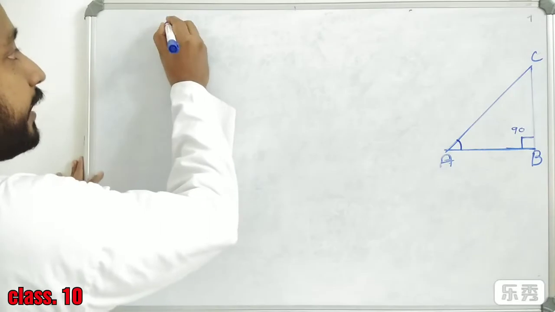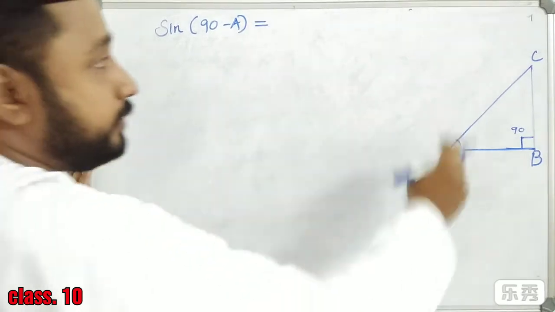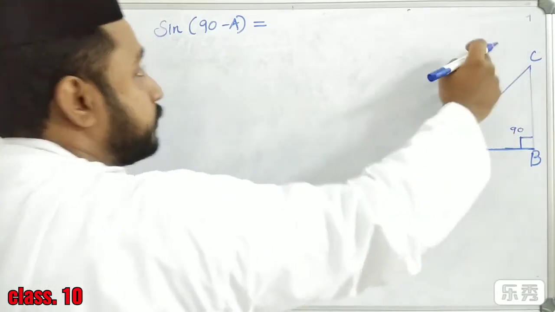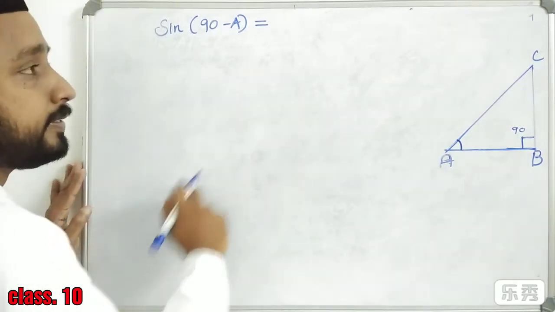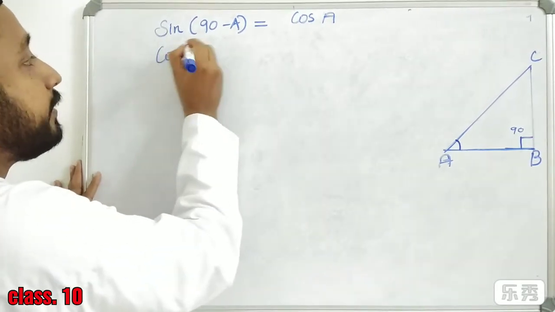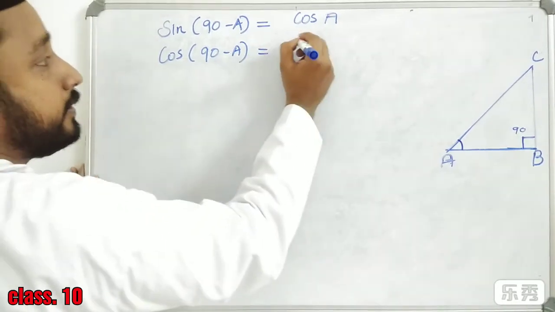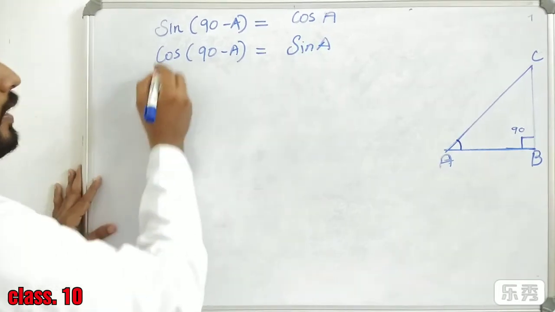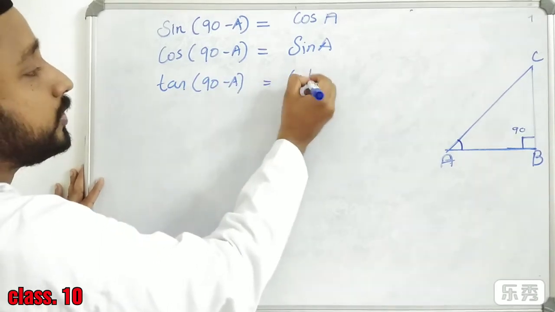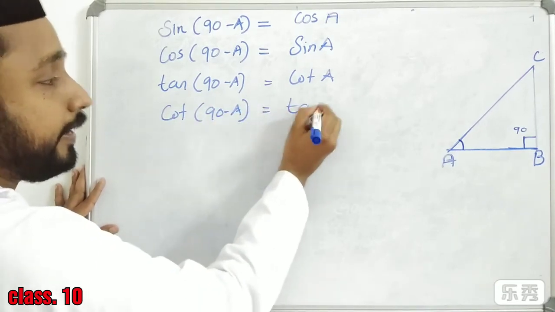Sine 90 minus A is sine C, because A plus C is 90, so 90 minus A means C. So sine 90 minus A is equal to cos A. You have to remember that. Then cos 90 minus A means cos C, that is equal to sin A. Then tan 90 minus A is equal to cot A, and cot 90 minus A is equal to tan A.